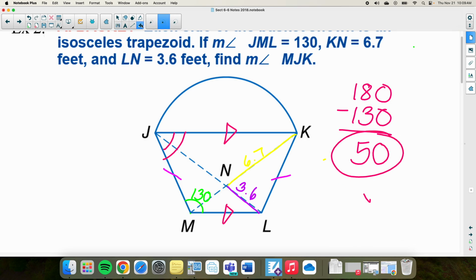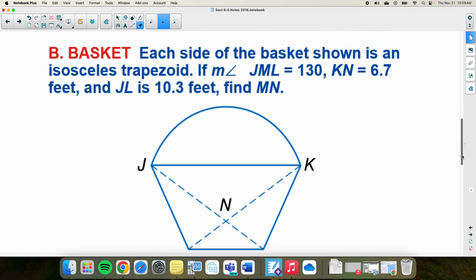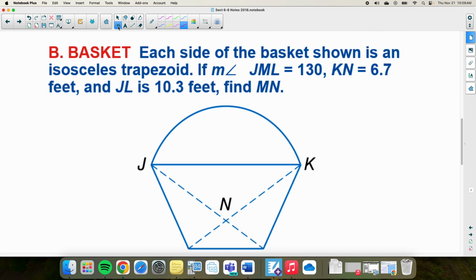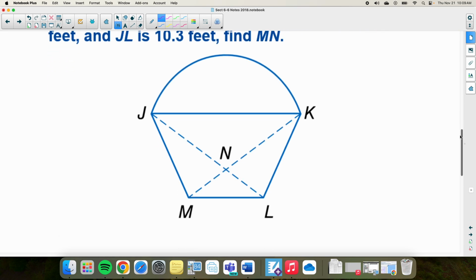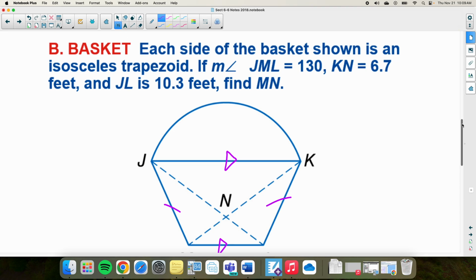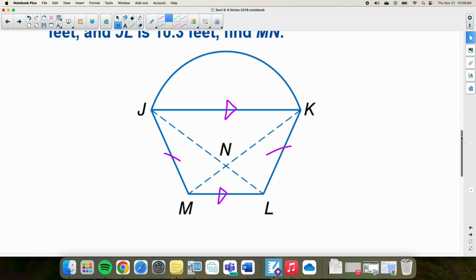Okay. Then if we go to our next one, down here, it's the same figure. It says, again, it's an isosceles trapezoid, so these two would be parallel. These two would be congruent if it's isosceles. And they tell us that angle JML is 130, so that's this again.